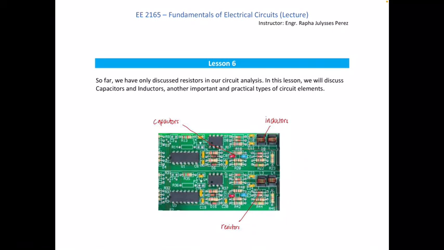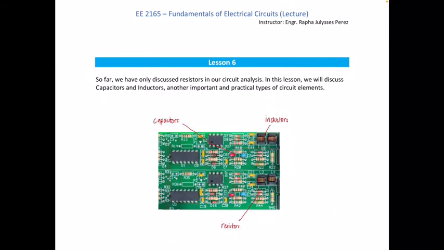And then we have the inductors, which are represented as a solenoid or a coil of wire. But apart from these three basic elements, we also have transistors, this gray, bus-like stuff that has many legs connected to the circuit board. They are also important basic circuit elements that you can find in any circuit board.